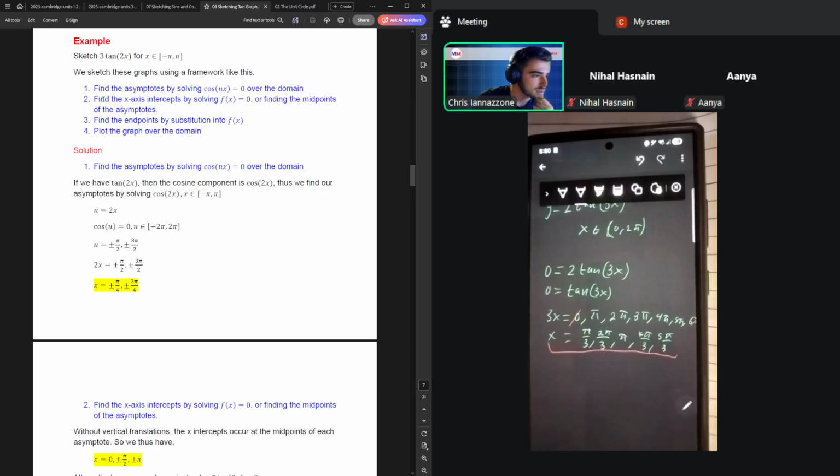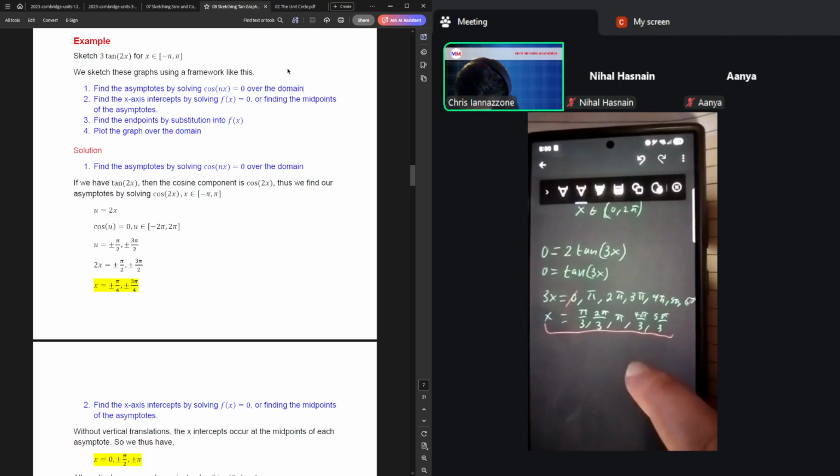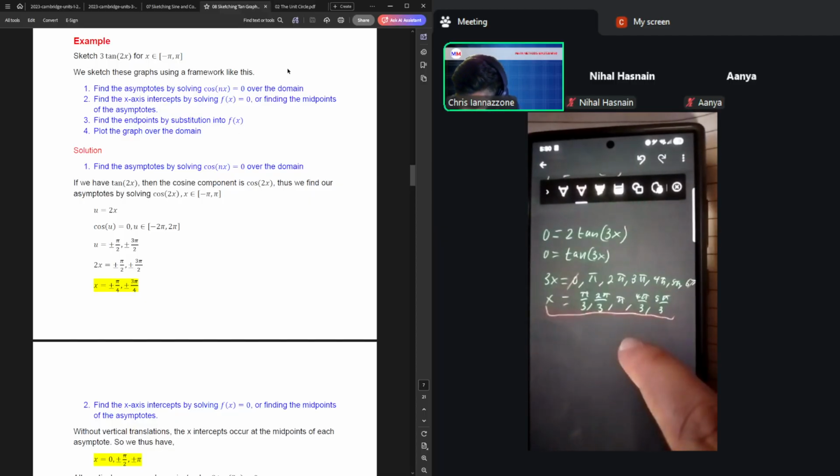If we're following my procedure, you can do this in any order, it's fine. We technically skipped step 1. The part for cos is for finding asymptotes. This right now is getting our x-intercepts, y equals 0. Yep, so that's our x-intercepts.